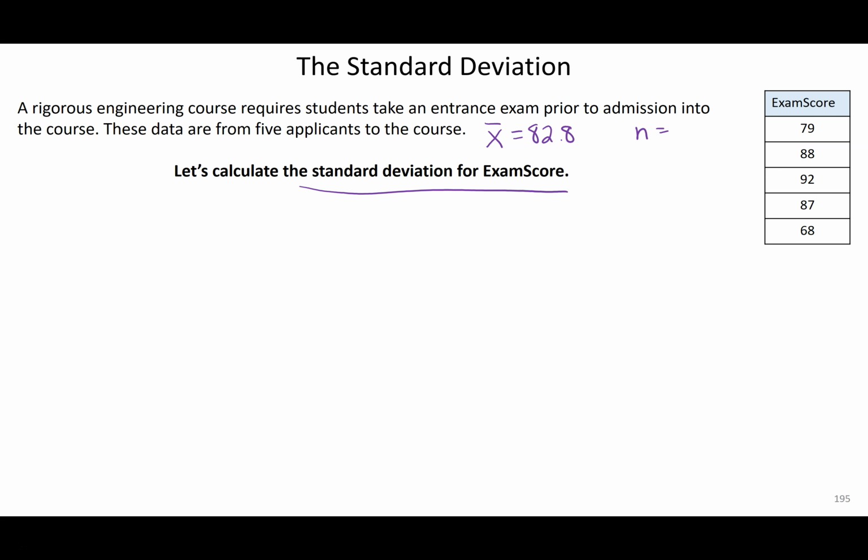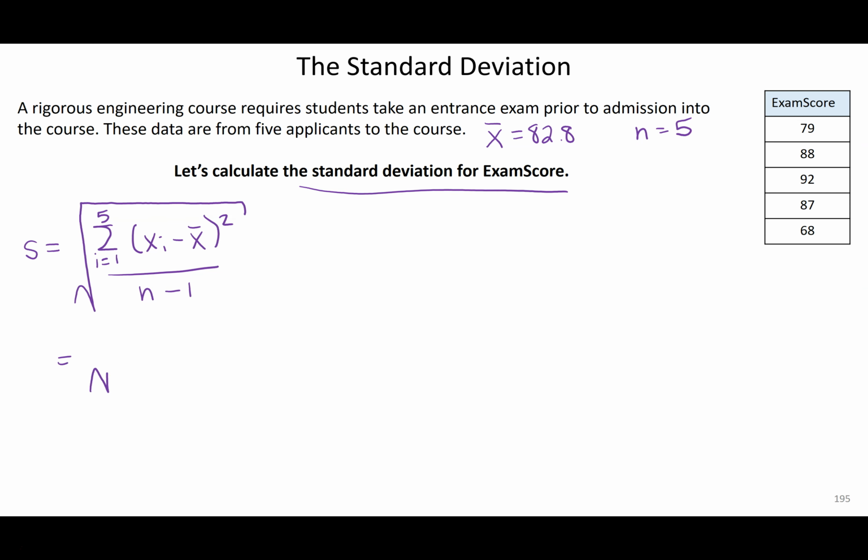My sample size, they're just 5 students, so I'm going to use that. So just setting up here, my standard deviation is equal to the square root of the sum from i equals 1 to 5 of (xi minus x bar) squared over n minus 1. And that'll be my setup.